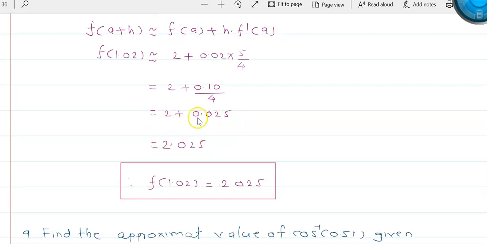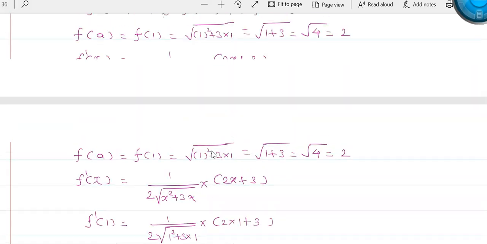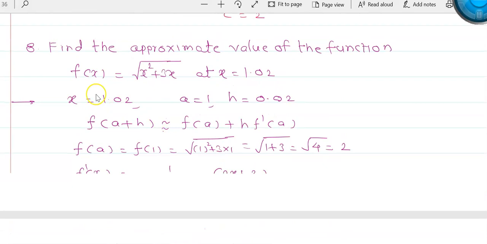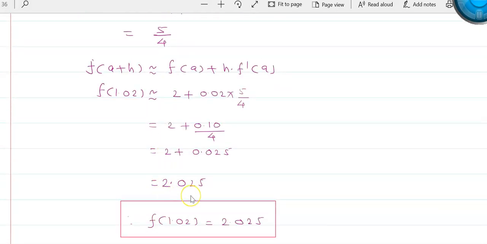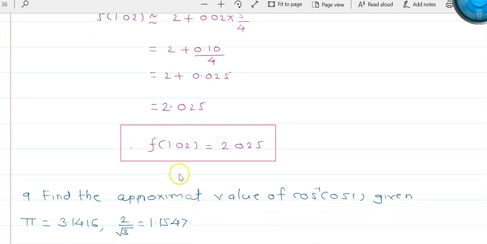That is 2 plus 0.025 is equal to 2.025, and hence the value of the function f of x at x is equal to 1.02 is 2.025. This is the value.